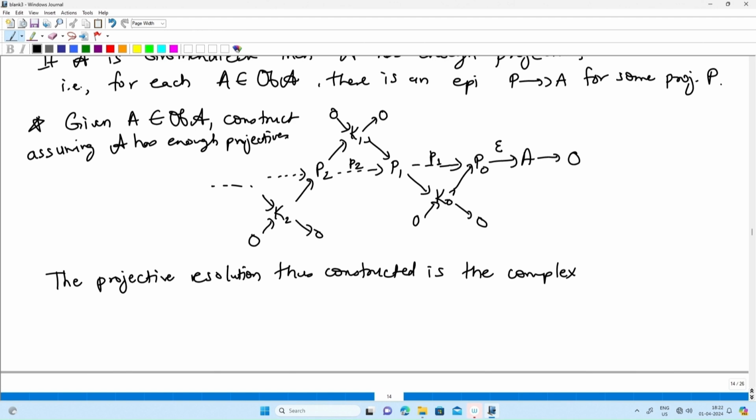By complex I just mean a chain complex. This one: P2 to P1 to P0 to 0. This complex is actually in the category of chain complexes over the projective objects in A.